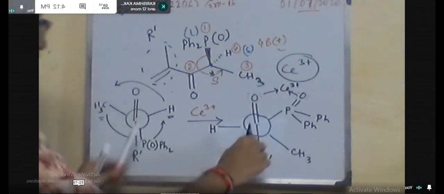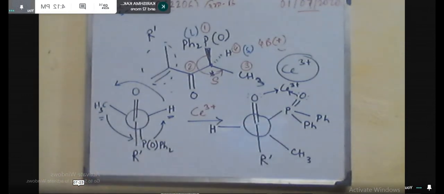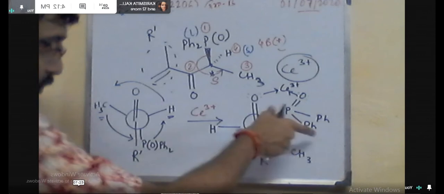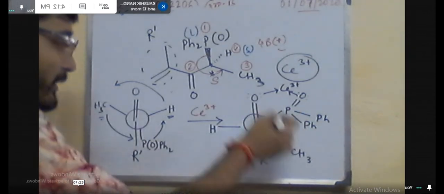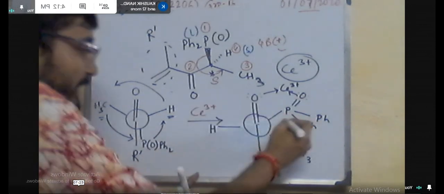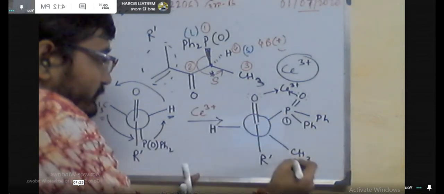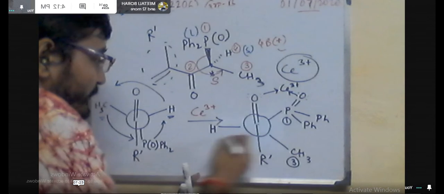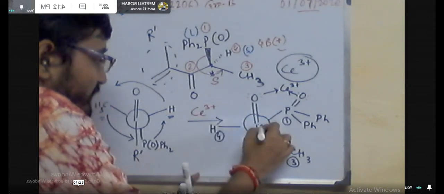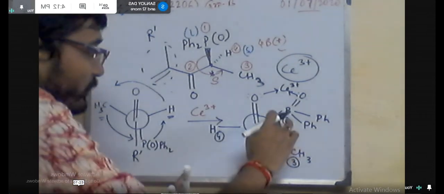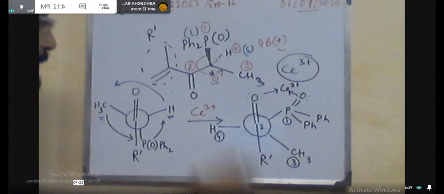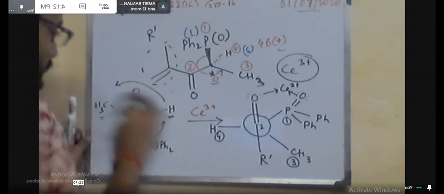So this is the OH, this is the newly formed carbon hydrogen bond, this is the R prime, and the rest of the group. Say PhOPh2, CH3, hydrogen. Now we know the configuration of the back carbon is fixed, that is S.